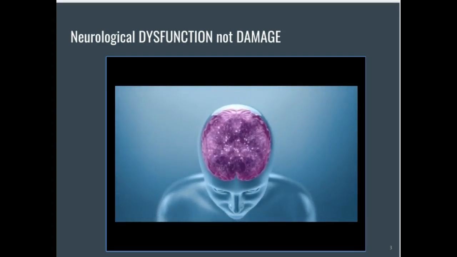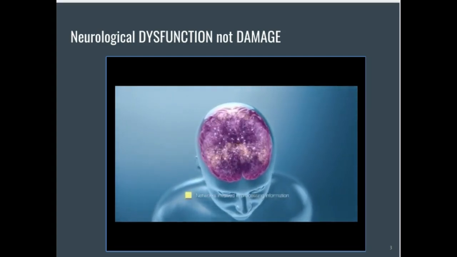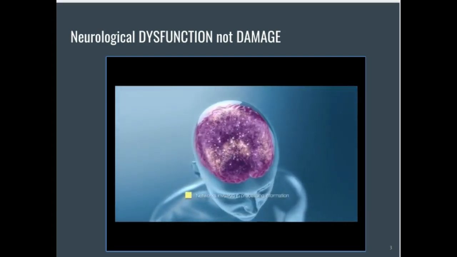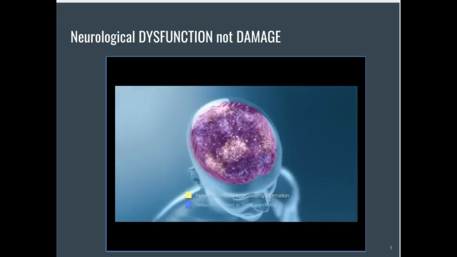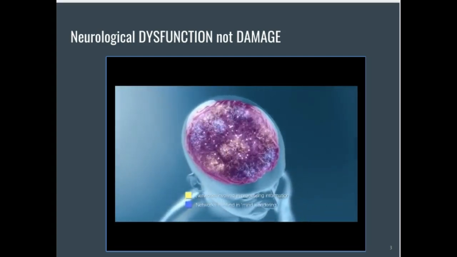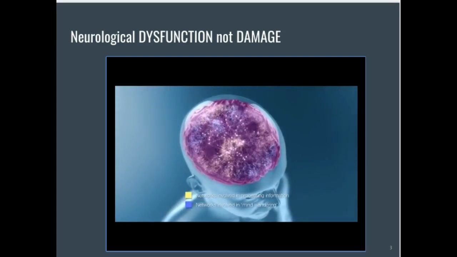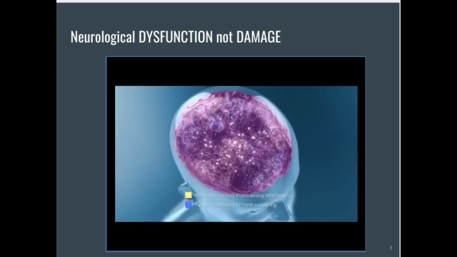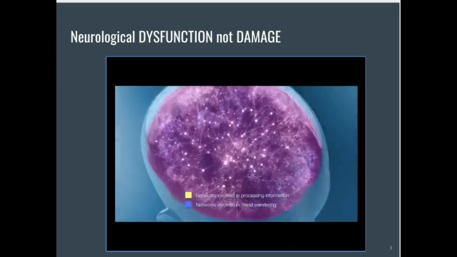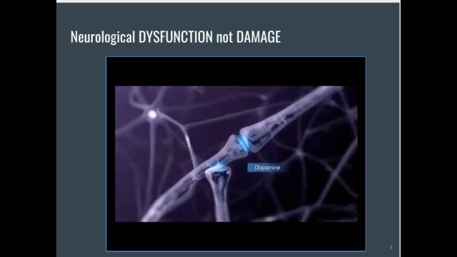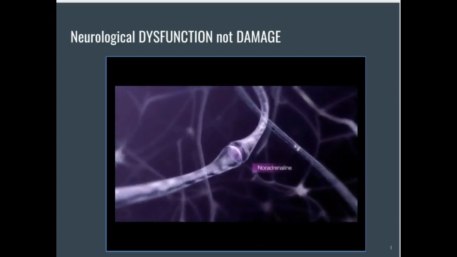For example, while you are watching this video, activity in networks involved in processing information will have typically increased, while activity in networks involved in mind wandering will have typically decreased. In a person with ADHD, the activity of these networks is impaired, and connections within the networks are disrupted. And when we look more closely at the communication between these networks, there is also disruption in the release of the chemicals, dopamine and noradrenaline, which are responsible for relaying messages between brain cells.